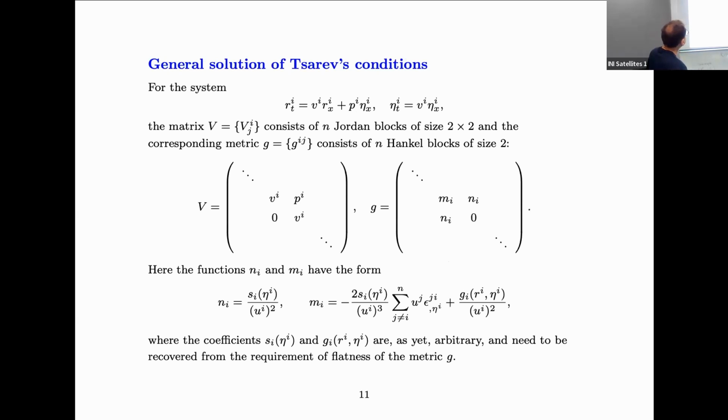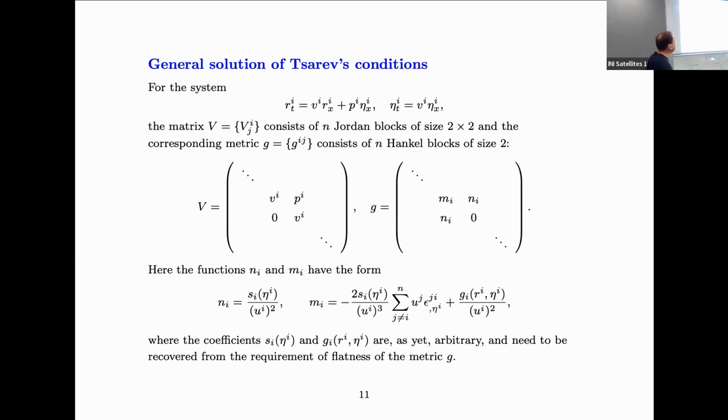Here I copied the system for soliton gas. The matrix capital V consists of n Jordan blocks of size 2 by 2. And the first set of Tsarev's conditions implies that G, the metric, also consists of 2 by 2 Jordan blocks, but this time of Hankel type.